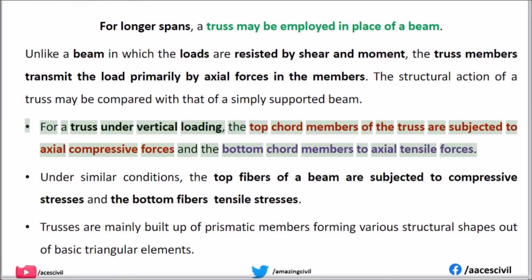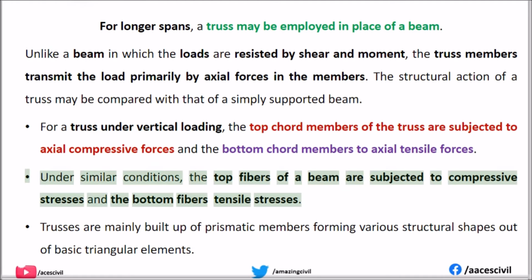For a truss under vertical loading, the top chord members of the truss are subjected to axial compressive forces and the bottom chord members to axial tensile forces. Under similar conditions, the top fibers of a beam are subjected to compressive stresses and the bottom fibers tensile stresses.